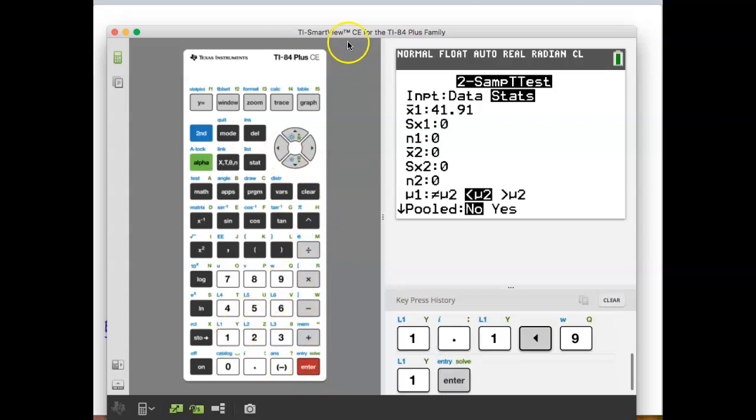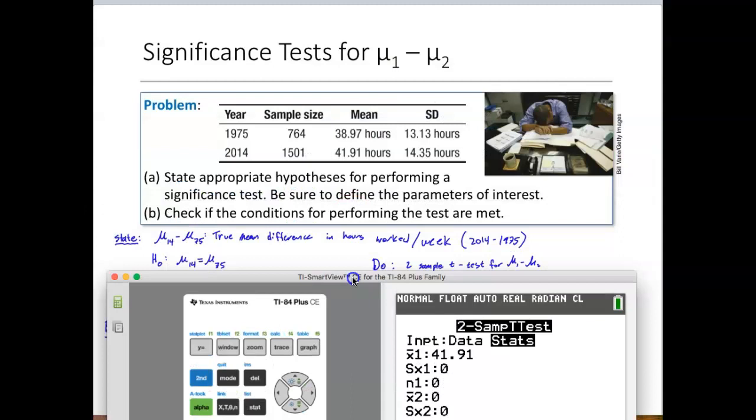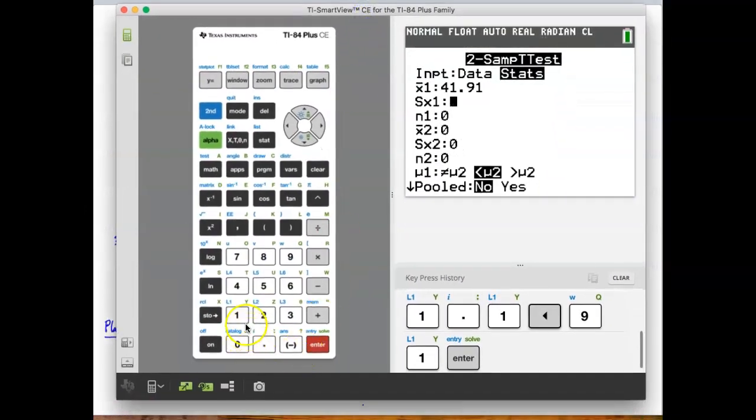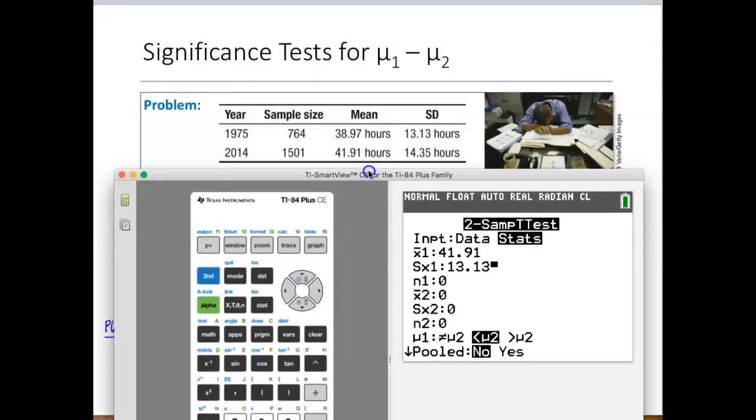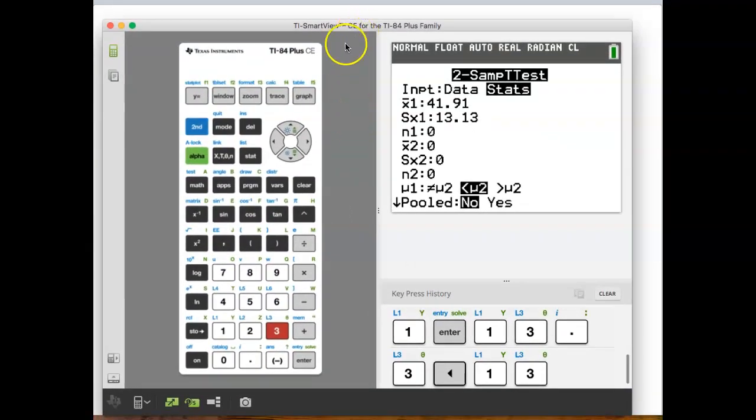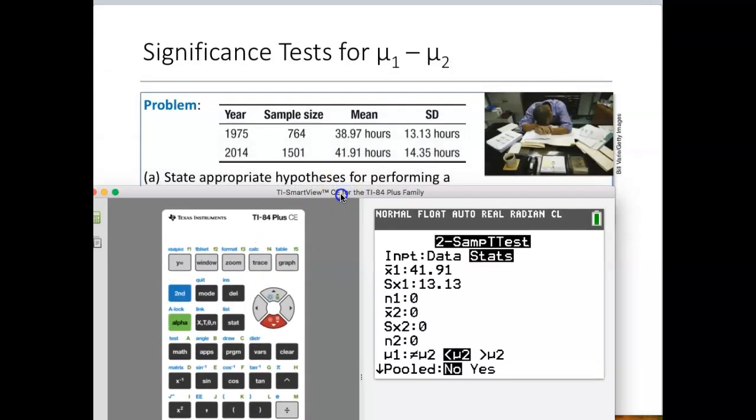Our 2014 standard deviation is 13.13. I think you mixed that up. I did? That's 75. Oh, I was looking up top. Thank you. What's the standard deviation? Okay. 14.35. Thank you, 14.35.